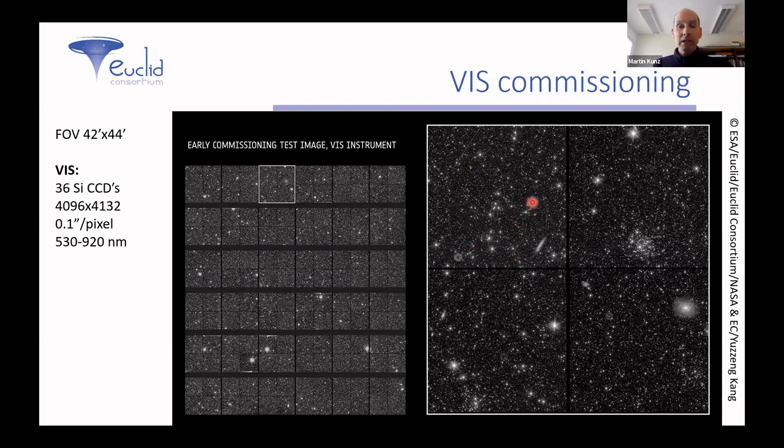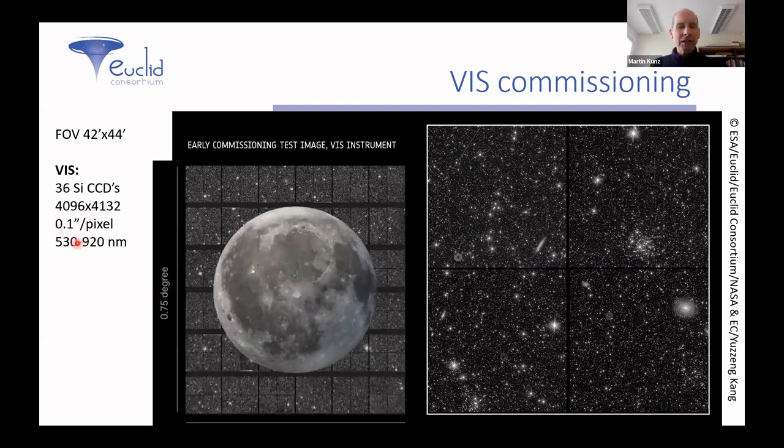But overall, it has really an amazing image quality with an incredible resolution that's several times better than what you can do from Earth simply because of the atmosphere. It's effectively diffraction limited, and it gets this pixel size. It gets over a field of view that's much bigger than the moon. Actually, I should have included some picture of how big it is.